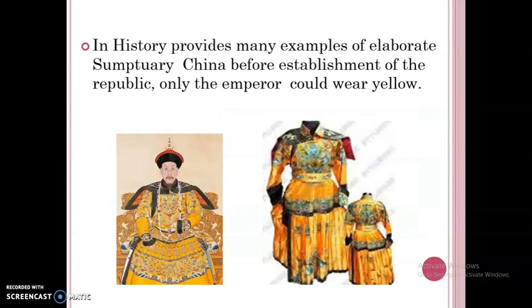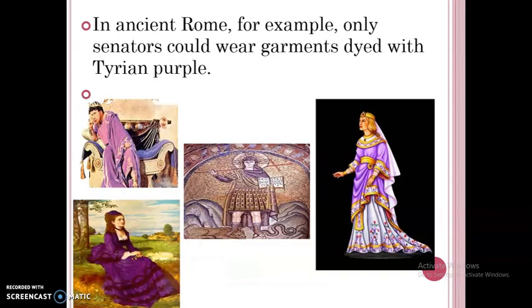And in history also, there are many examples of elaborate status definition through clothing. For example, in China, only the emperor could wear yellow clothing. Those belonging to the highest status of the community were the only ones allowed to wear yellow. And in Rome, the senators could only wear garments dyed with Tyrian purple.